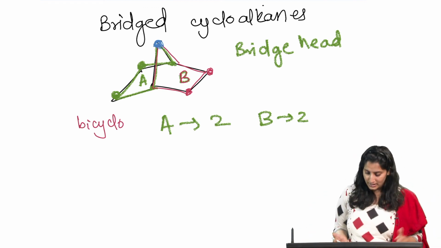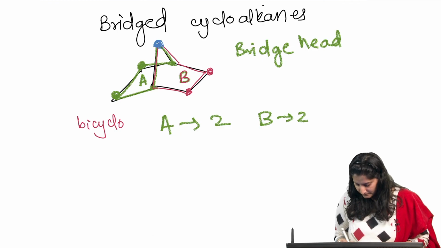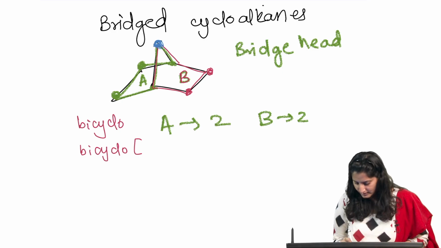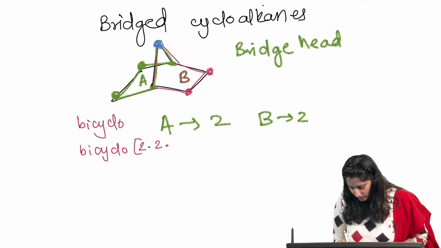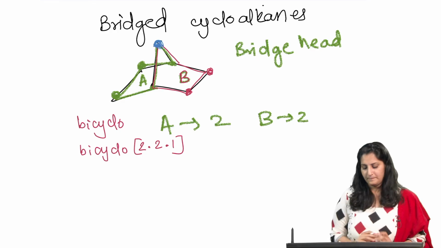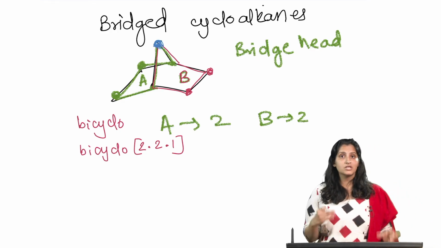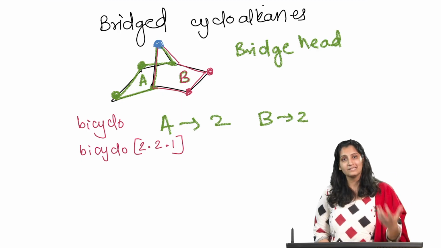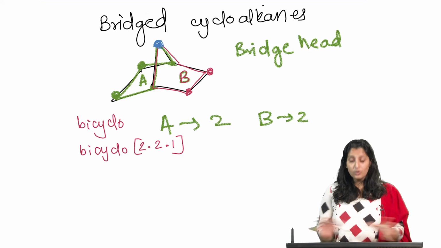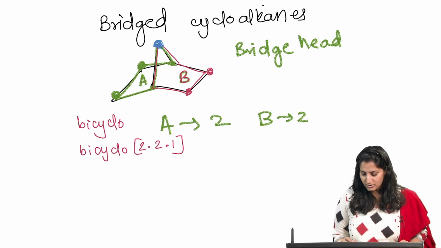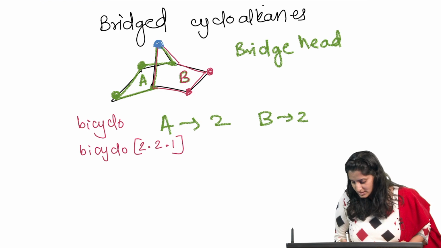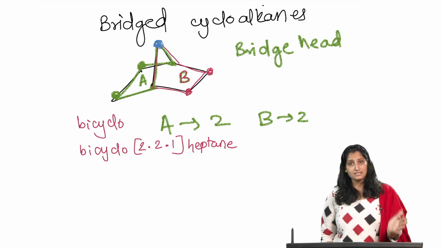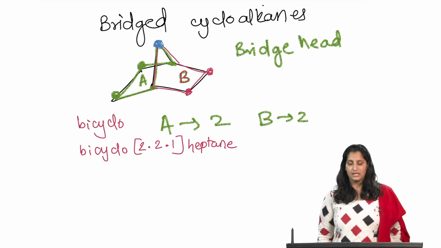So, now when I have to write down the name of this particular compound, I start writing bicyclo in brackets 2.2.1. Okay. So, that is about each ring individually, but now we also have to state how many carbons are present in total in this compound. If I count the total number of carbons, that comes out to be 1, 2, 3, 4, 5, 6, 7. So, this is a heptane derivative. Okay. So, this is bicyclo[2.2.1]heptane.